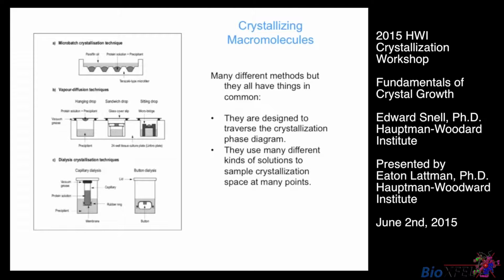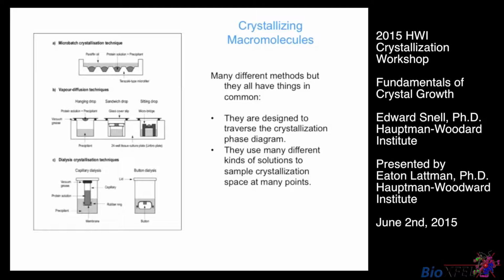Vapor diffusion involves an equilibrium between two solutions, one of which is usually the precipitating solution. The other one is a solution having a protein in it, and water or buffer, if it's a volatile buffer, will move from the area of higher buffer concentration to lower and will make its way into the protein drop. And this is a hanging drop.